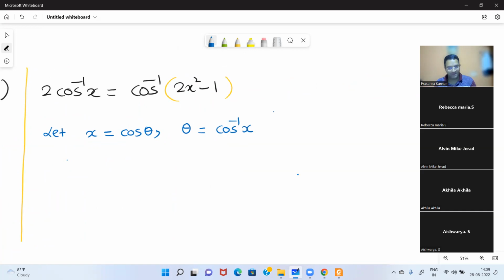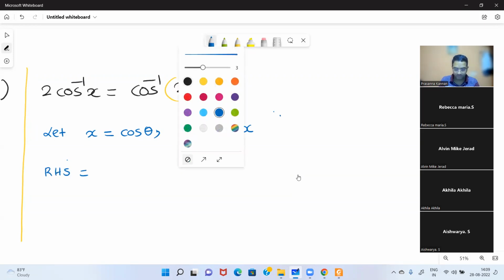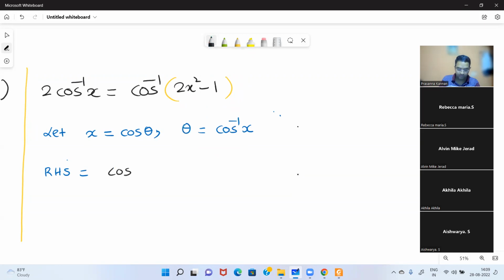Cos inverse x. Yes. So now, as usual, we'll start from the right hand side. What is given on the right hand side? Cos inverse of 2x square minus 1.